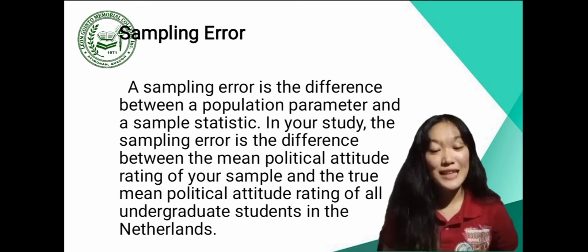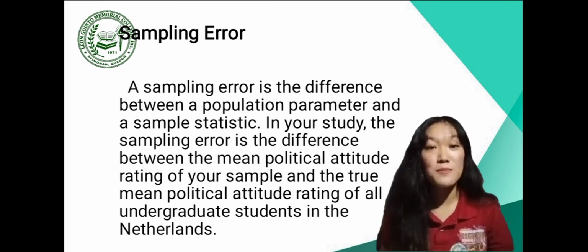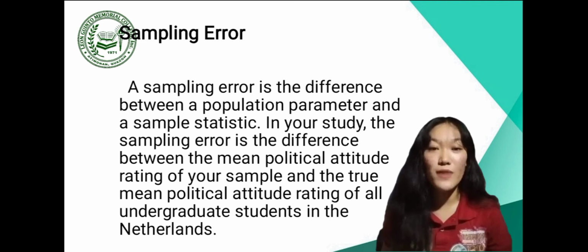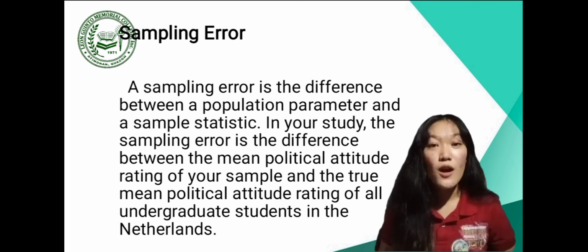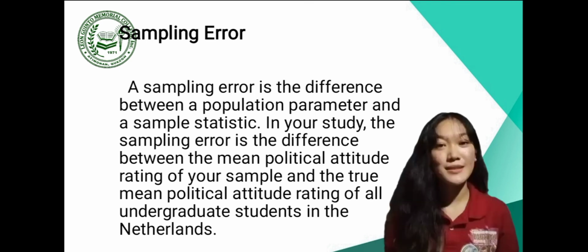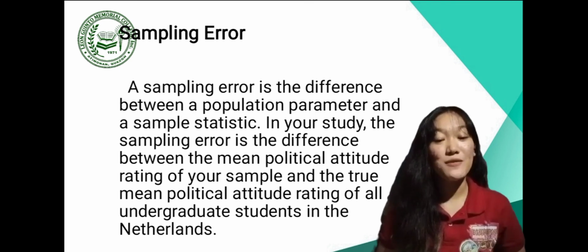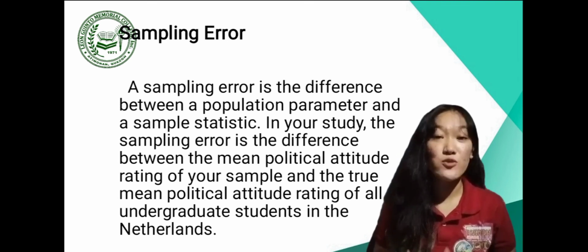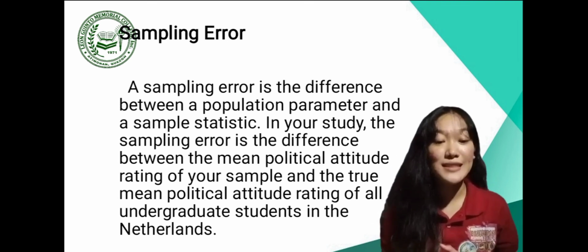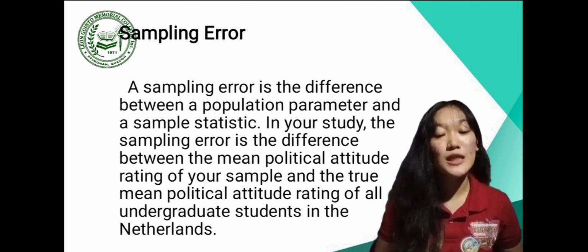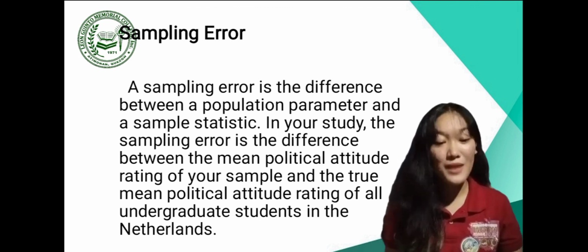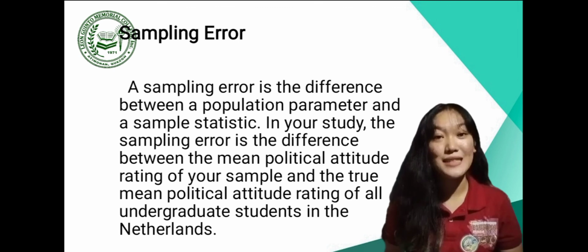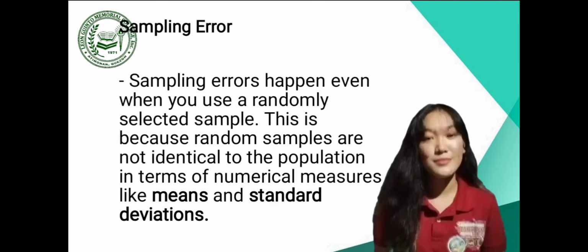In your study, the sampling error is the difference between the mean political attitude rating of your sample of undergraduate students in the Netherlands and that of the population. It happens even when you use a randomly selected sample. This is because random samples are not identical to the population in terms of numerical measurements like means and standard deviations.